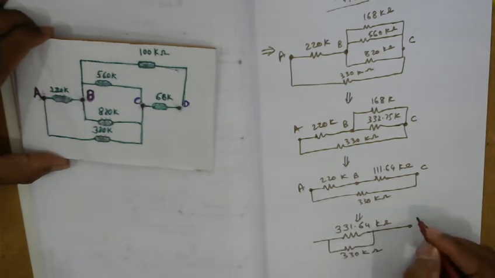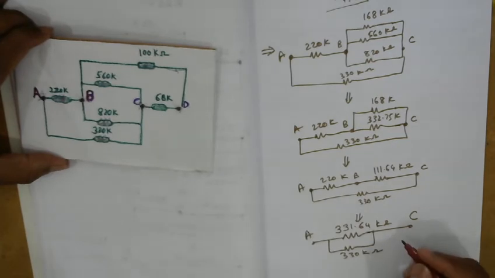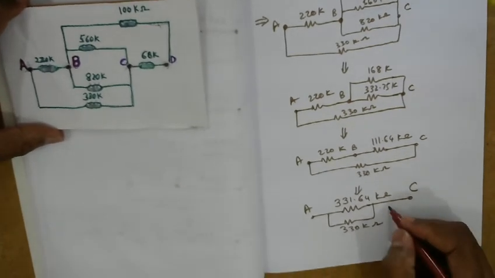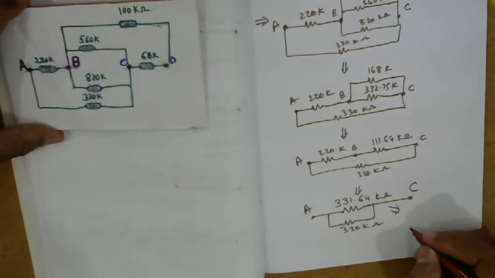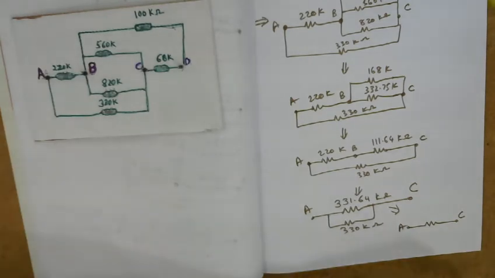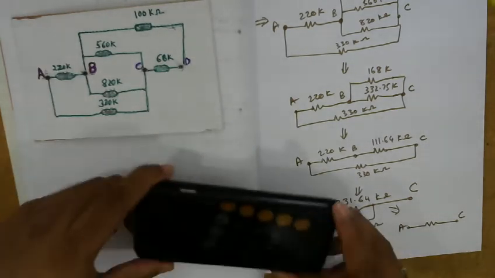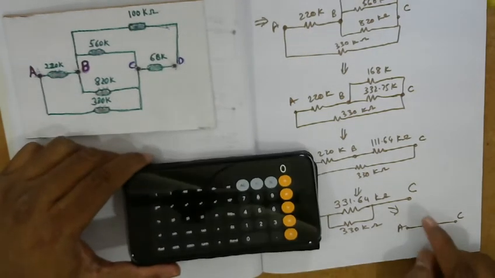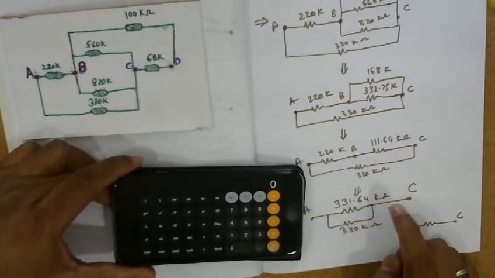Now this is C and this is A. So finally I'll get RAC from this. Let's calculate that on my calculator. In order to calculate RAC, I multiply these two and then divide by the sum of these two.